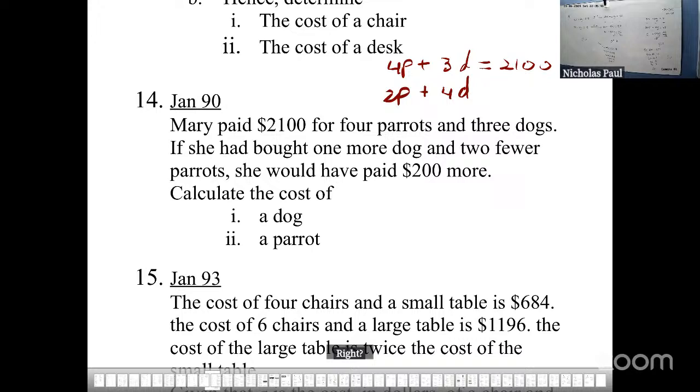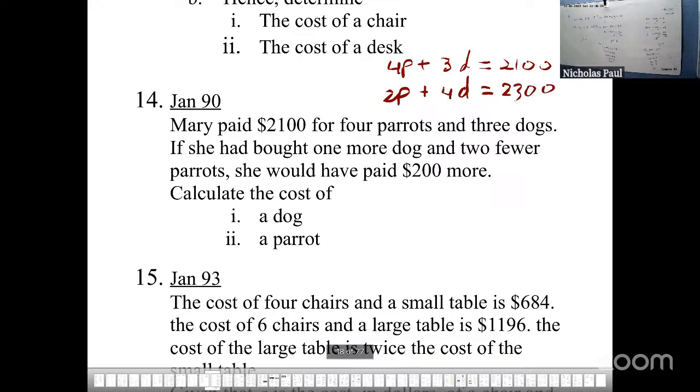Nice. What's it cost now? She paid 200 more. So what's the cost of the 2 parrots and 4 dogs? 2,300, right? 2,300.